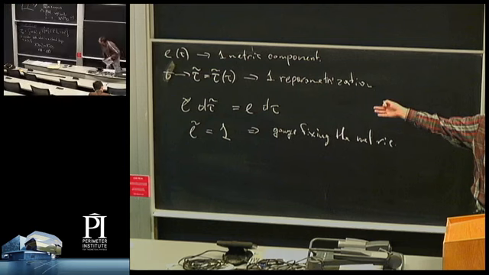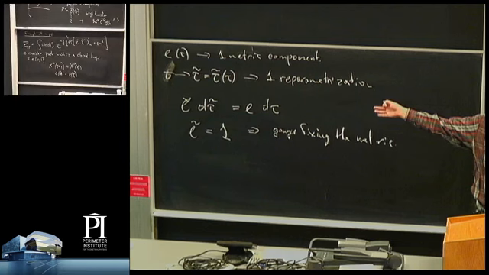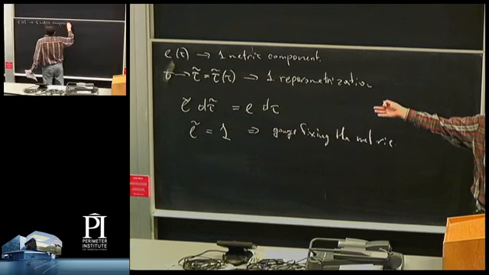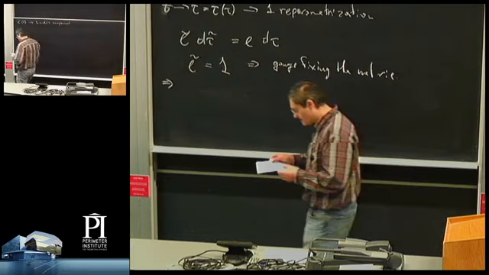And so now the idea is kind of repeating the same argument. So we have one metric component, right, e of tau. So one metric component. And then we have a single reparametrization invariance, right?